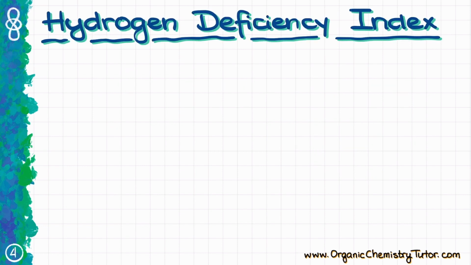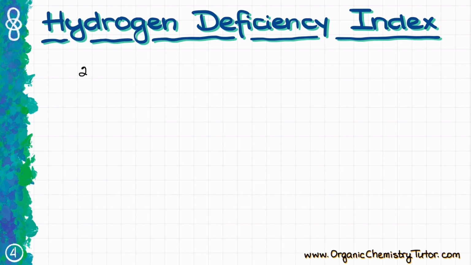Now, how do I know if my molecule is going to have a double or maybe even a triple bond or maybe even a ring? Well, I can either brute force it and figure it out while building the structure itself, or I can use a nifty little trick called Hydrogen Deficiency Index or degree of unsaturation. We can easily calculate the HDI using the following formula.